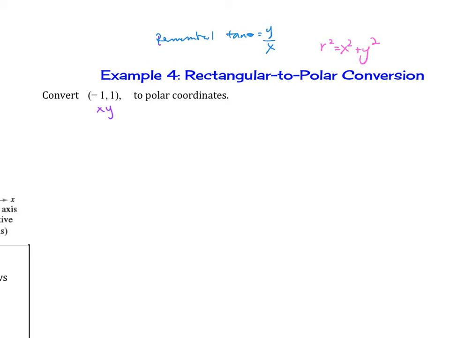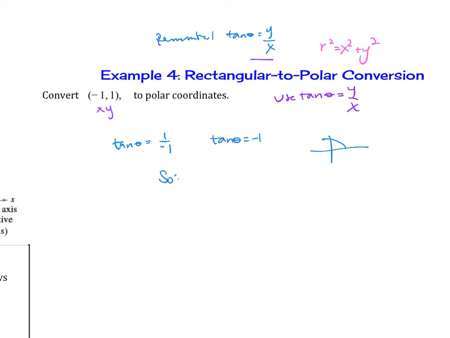First, use tangent of theta equals y over x. So tangent of theta equals 1 over -1, which is -1. And so we want to take the arc tangent. Because it's -1, and we also want to rotate in the positive direction, we need to be careful which one we take.